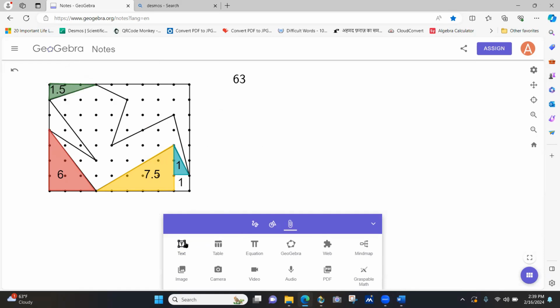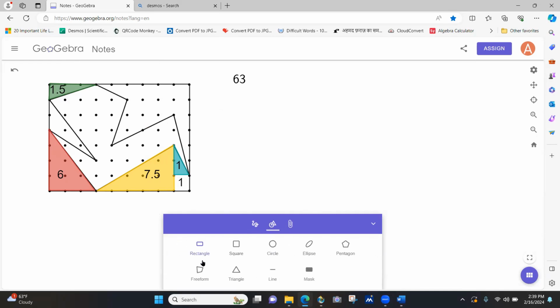Okay, moving on. This triangle is just like this triangle, 2 times 1 divided by 2, which is 1.